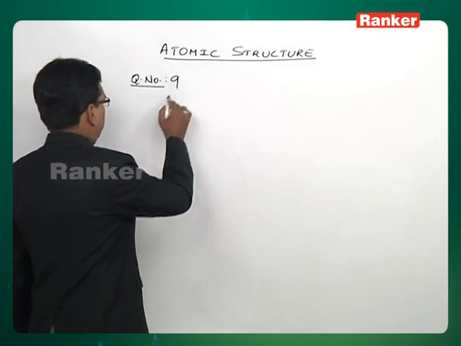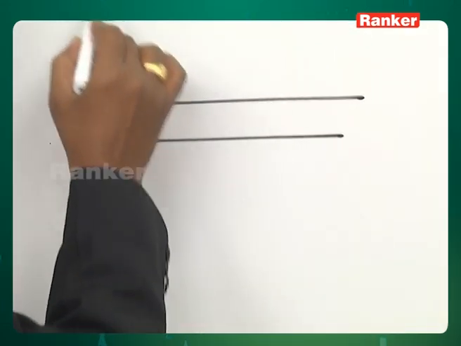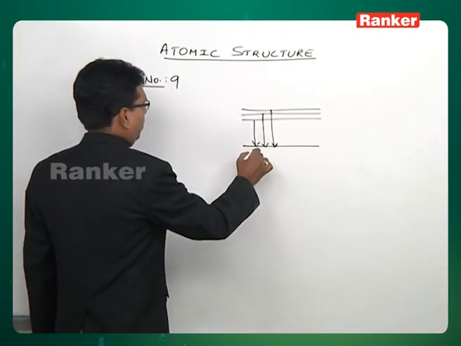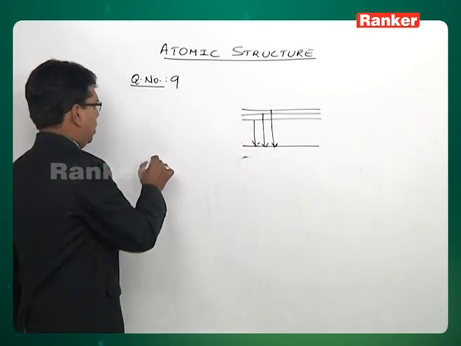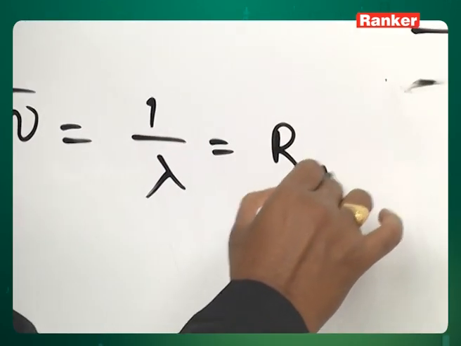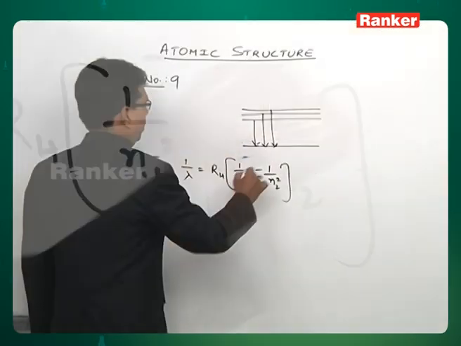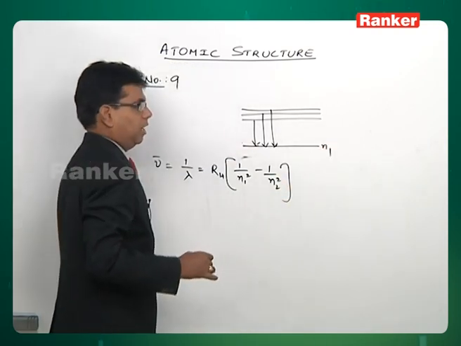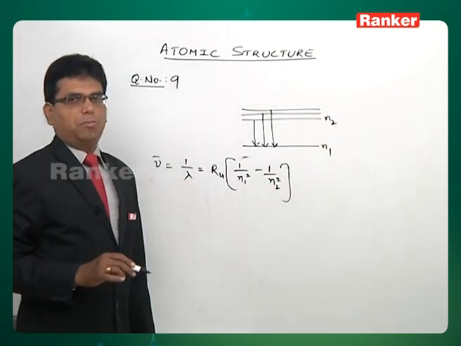When electron transitions take place between different energy levels, to find the wave number, wavelength and frequency, Rydberg has given an equation according to which nu bar equals 1 by lambda equals RH into 1 by n1 square minus 1 by n2 square, where n1 is the lower energy state to which the electron transition takes place, and n2 is the higher energy state from where the electron transition takes place.